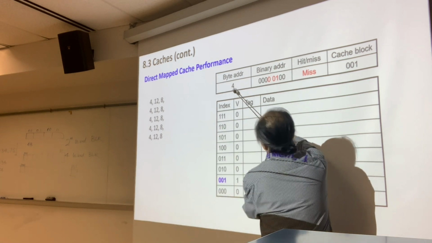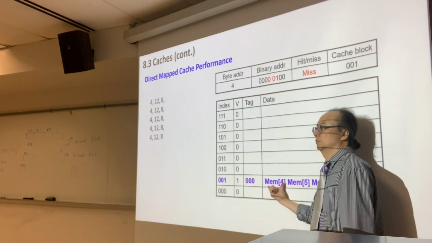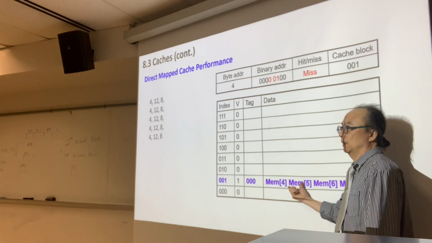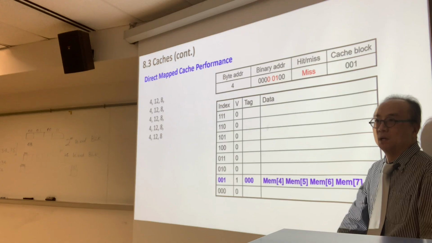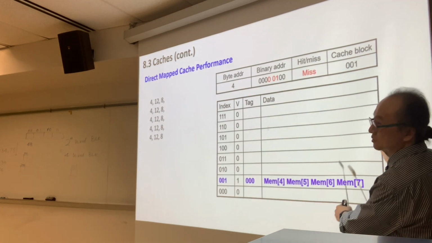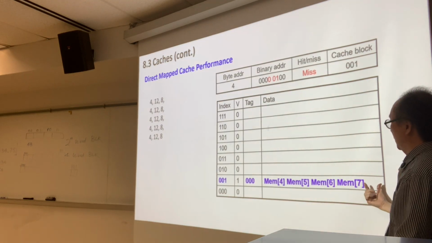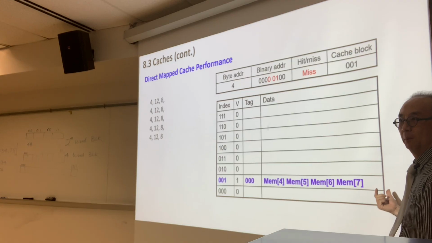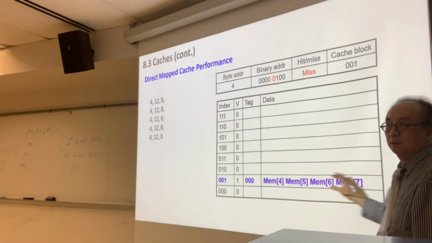Memory 4, that's what we called it. And I need to bring my buddies. Okay? When you bring from main memory to the cache, we have to bring as a block. If this was 2 words, I have to bring additional 4 buddies with me. We need to fill up the whole block. We good?